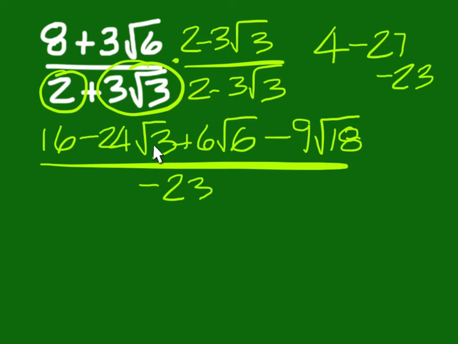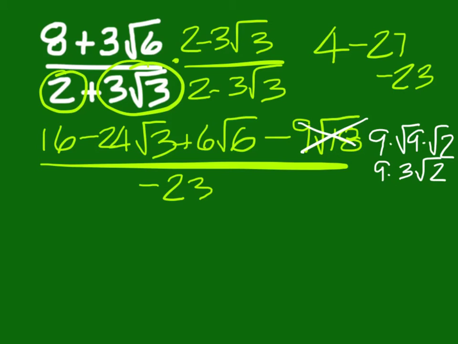Alright, look back at the radical terms, 3, 6, and 18. We have to simplify that square root of 18. So mark that out, and it breaks up as 9 times square root of 2. Square root of 9 is 3.